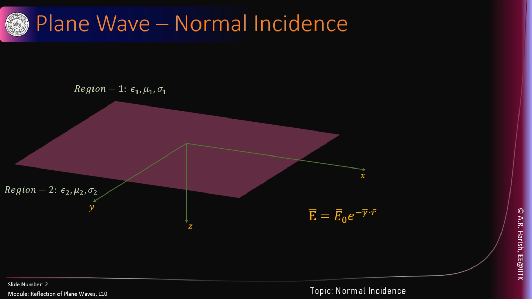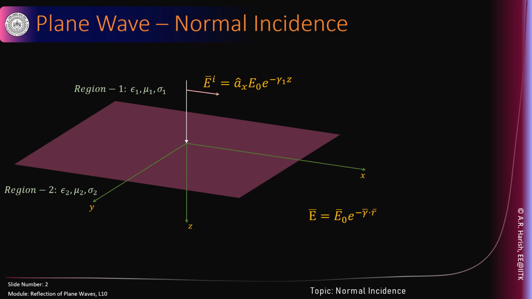Now we consider a plane wave which has an electric field E equal to E naught bar e to the power of minus gamma dot r. If it is a uniform plane wave, E naught will be a constant vector, gamma gives the direction of the plane wave, and r is the position vector.